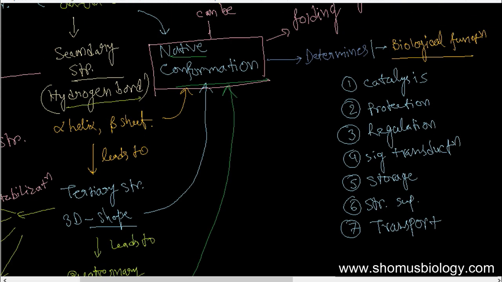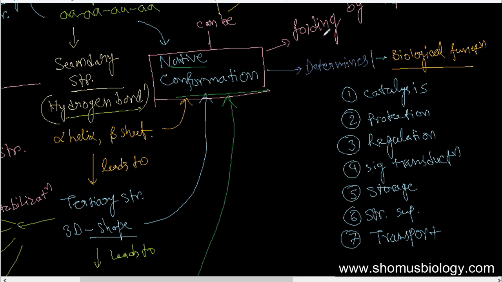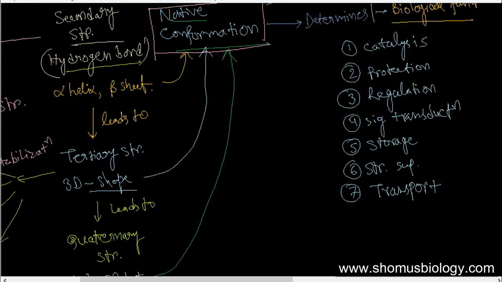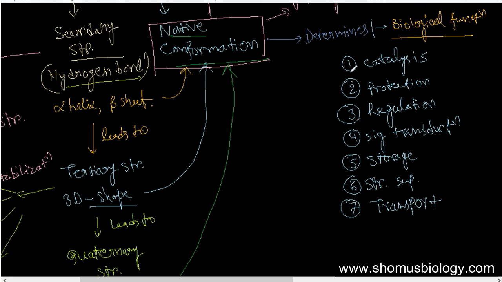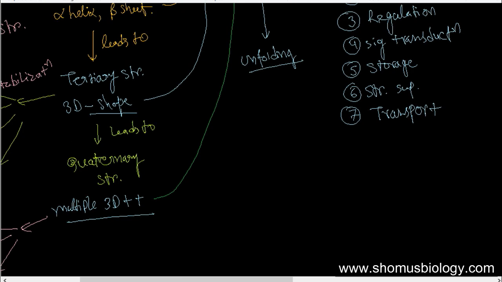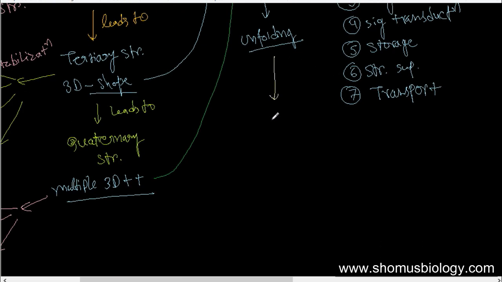This native conformation, as I said, is folded with the help of chaperones. Similarly, the unfolding of this is also important, right? As this native structure can be folded, it can be unfolded, and unfolding is aided by denaturants. What are some examples of these denaturants?